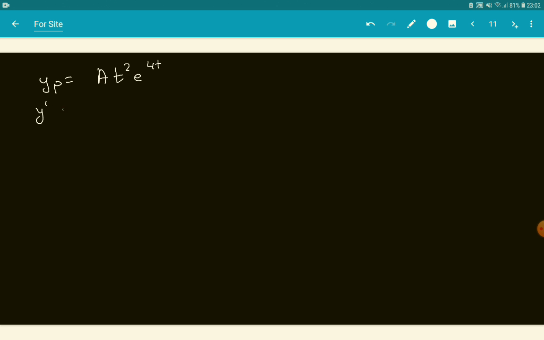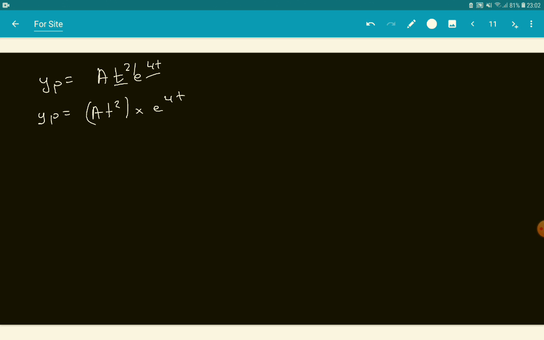Now what will y prime p be? This part, as you can see, is a multiplication, so I'll need to divide it like this. I'll just write yp is equal to at squared e^(4t).